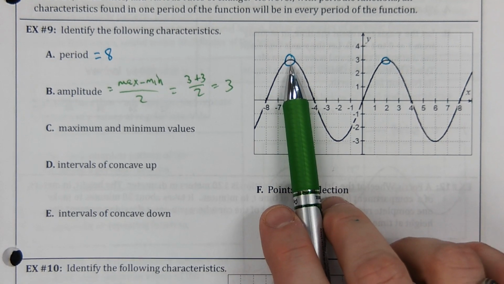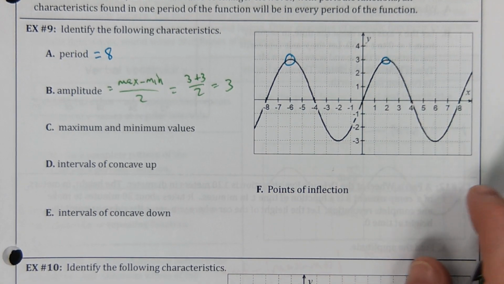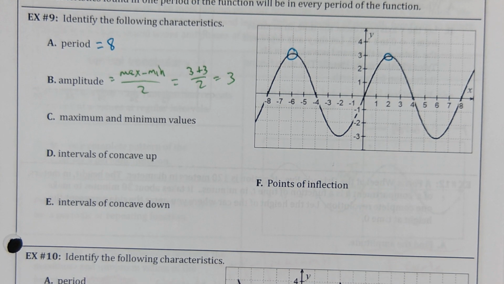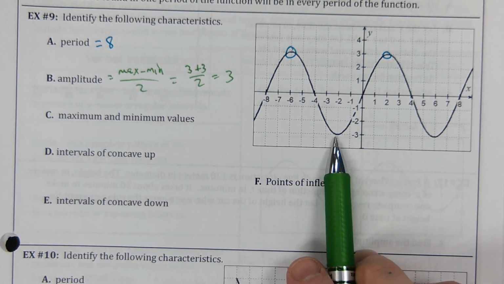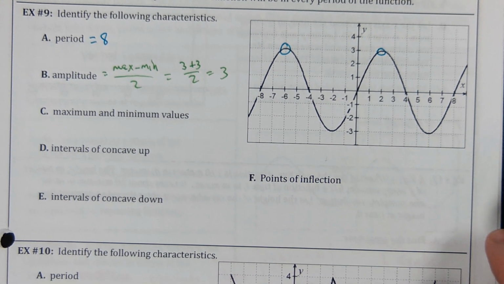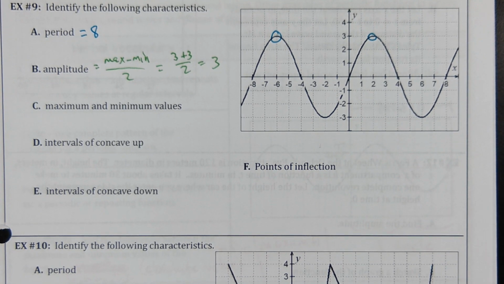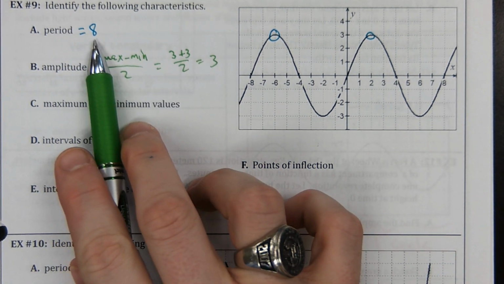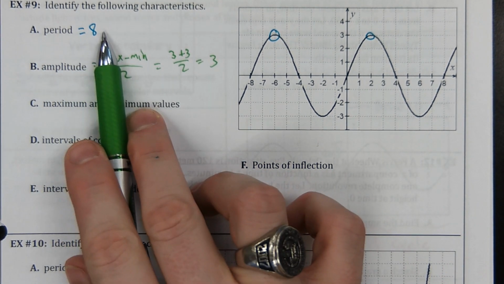This represents a maximum. And so does that, and that, and that, and that. This represents a minimum. So does that, and that, and that. Because this is periodic, it will have an infinite number of maximums, but they're predictable. And there'll be an infinite number of minimums, but they're predictable, because all the maximums are this far apart, and all the minimums are this far apart.